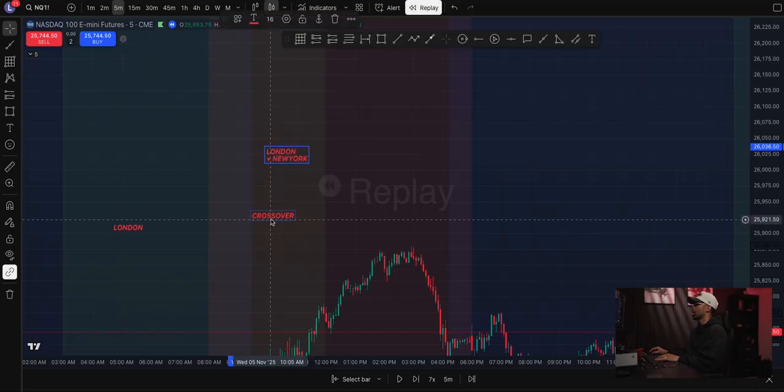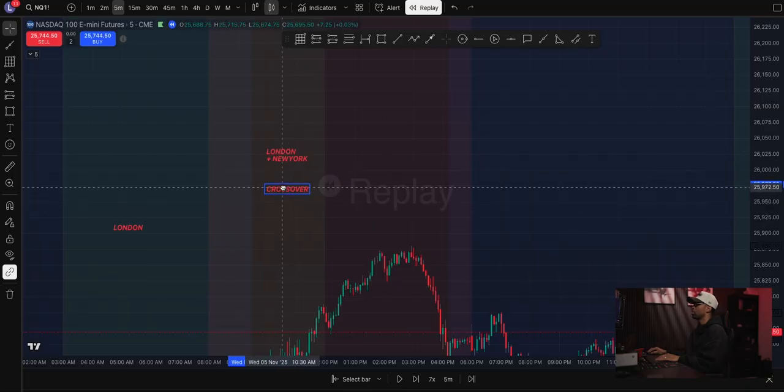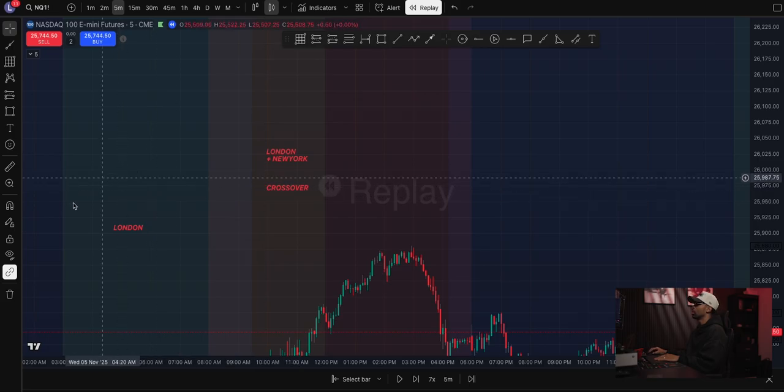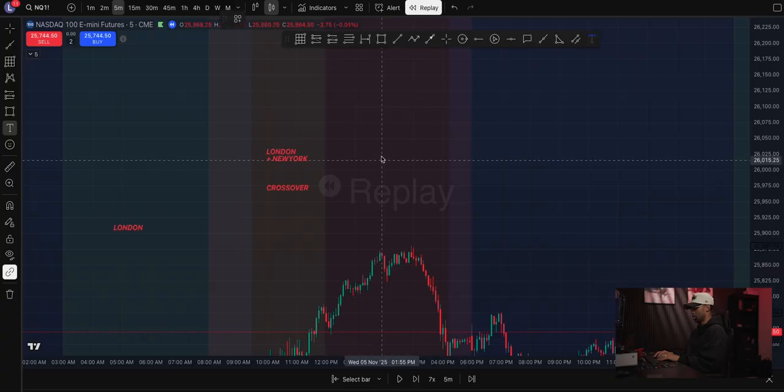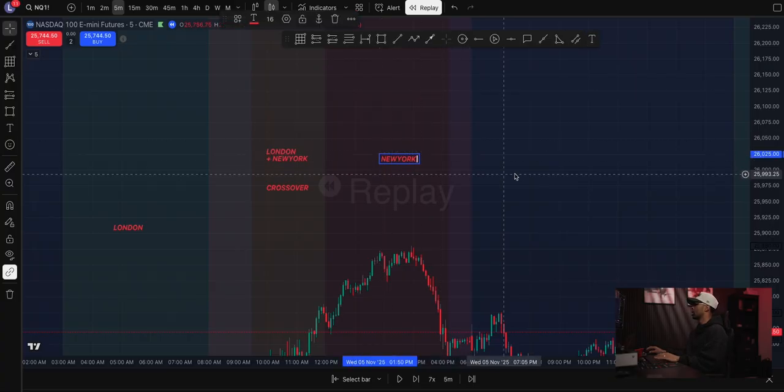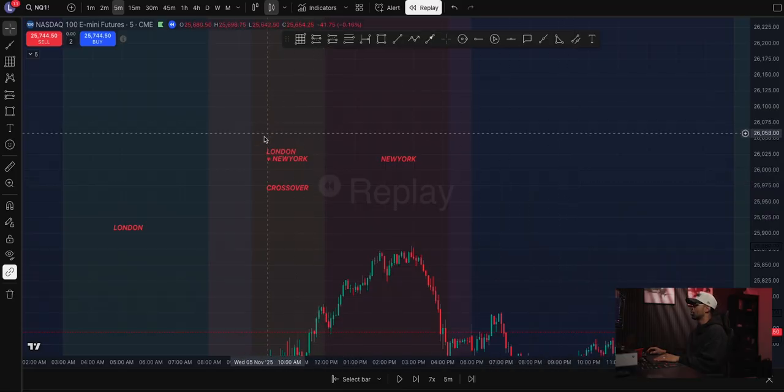This is where the crossover happens, within this brown zone, and by crossover I mean volume. Here is the London session, the crossover is here, and this is the New York session. What this means for you is that the most volume is in the crossover section.